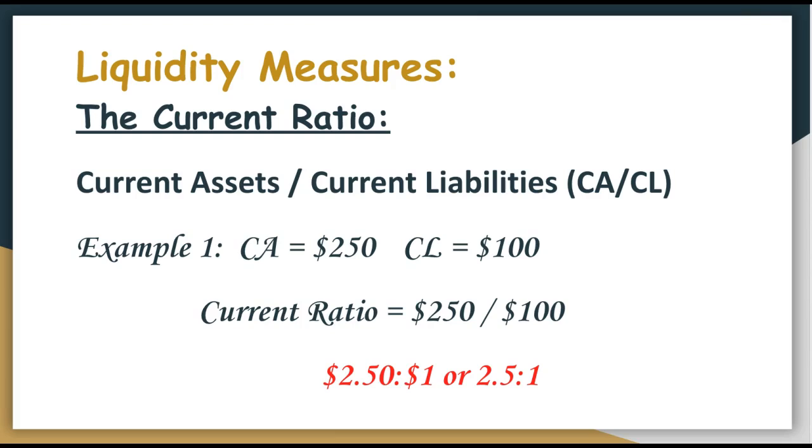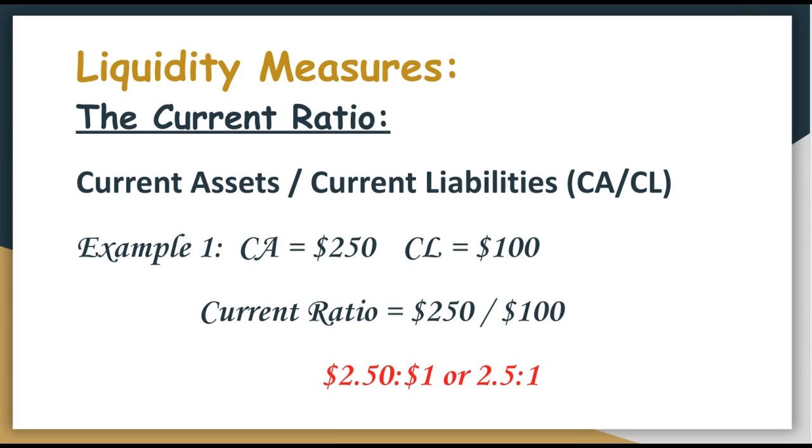If we had a different example where we had 50 as the current assets, our numerator, and current liabilities was still 100, then we would have a 0.50 ratio, right? We'd have 50 cents for every dollar, which is a rather glum forecast if we just use it for one thing. Okay, that's one measurement.